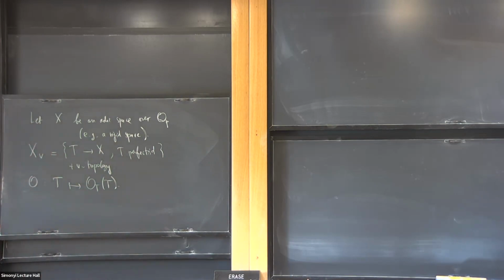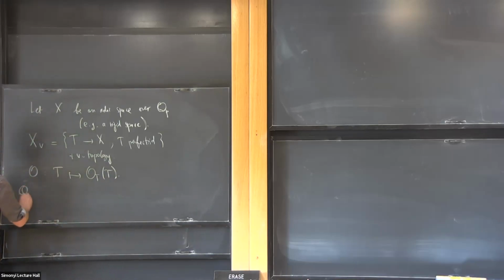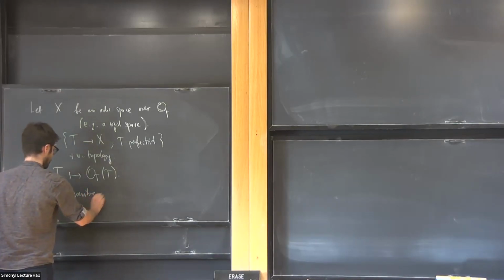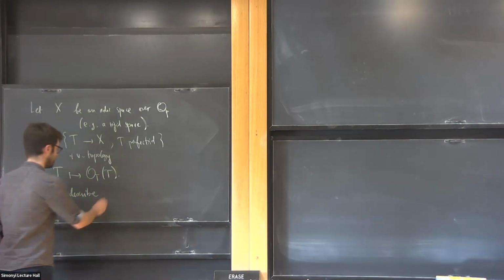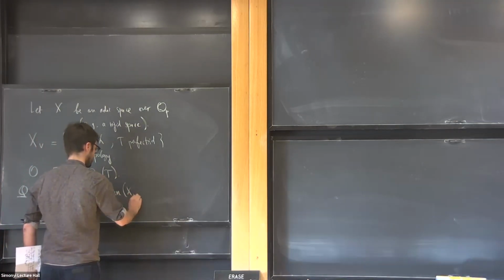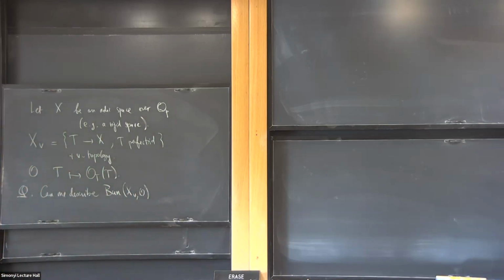And the question I'd like to address is whether one can understand or describe the category of vector bundles on this site, which I will denote Bun_{X,v,O}.